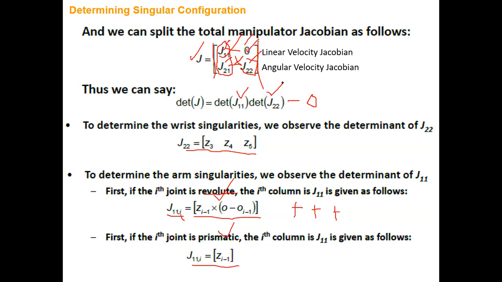So what can we conclude from here? If you want to find the determinant of J, then find the linear part of the Jacobian for the position, and the angular part of the Jacobian for the orientation.